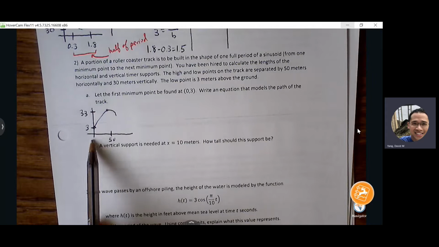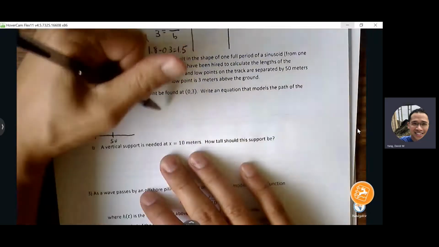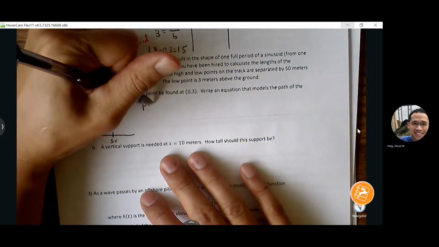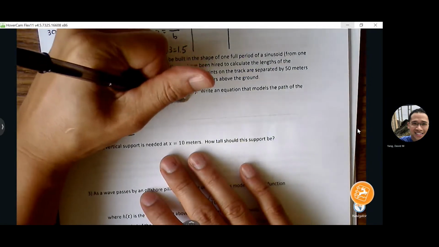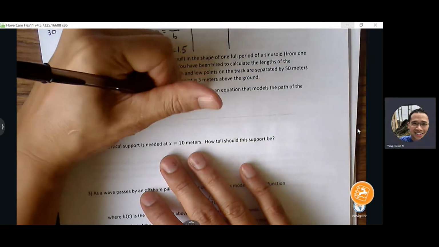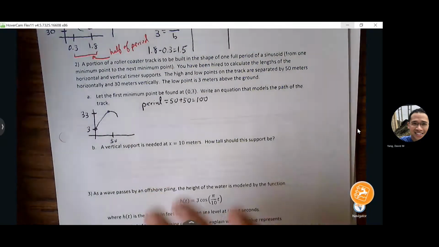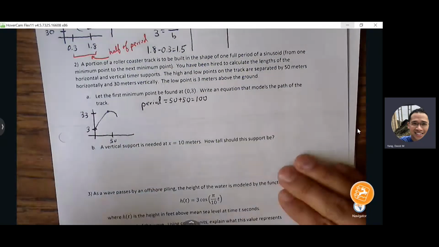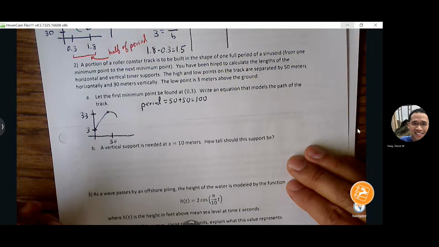Once I know that horizontal distance from the peak to the valley or valley to the peak, I know I've achieved half the period. So the period must be double that. We get to our D value by finding the average between these two numbers.